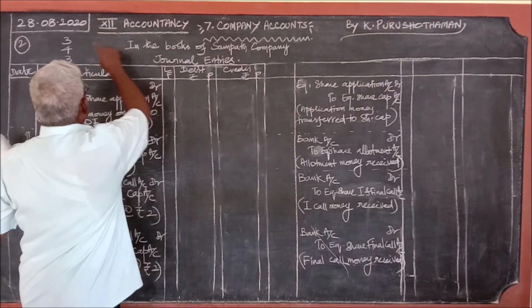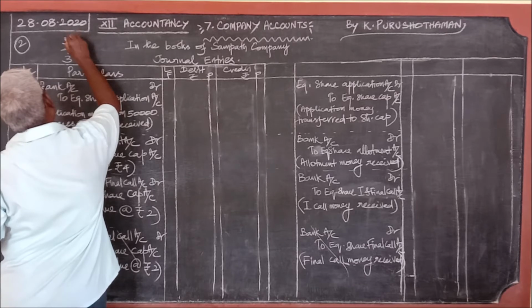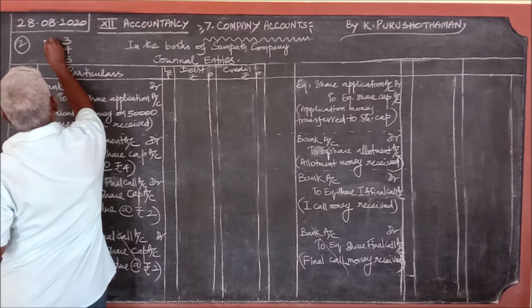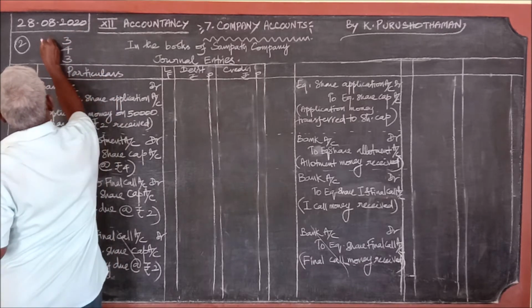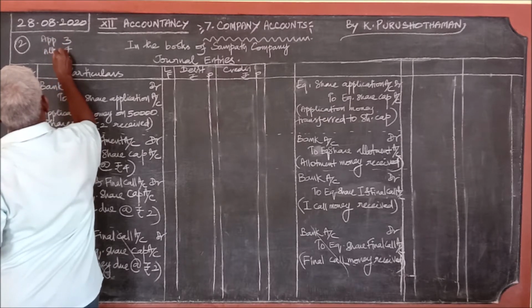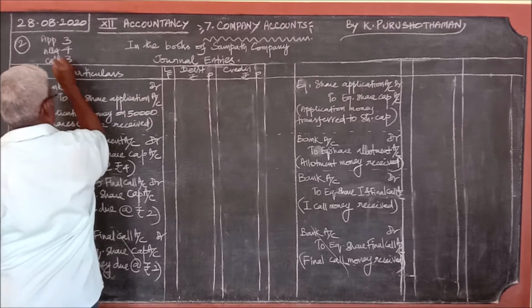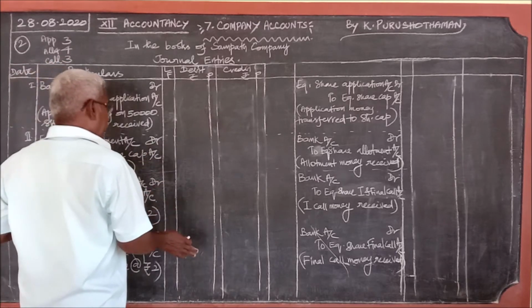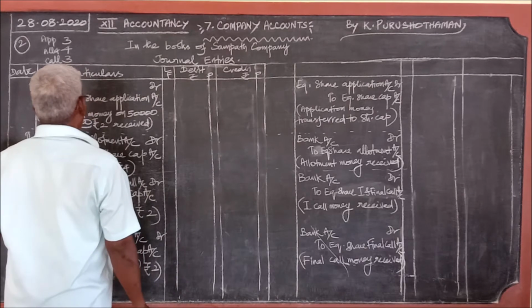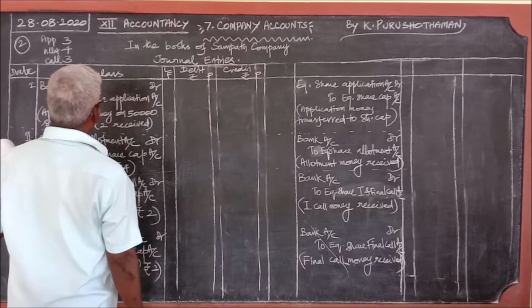Here, the amount is divided into 3 rupees on application, 4 rupees on allotment, 3 rupees as call money. The same set of journal entries.